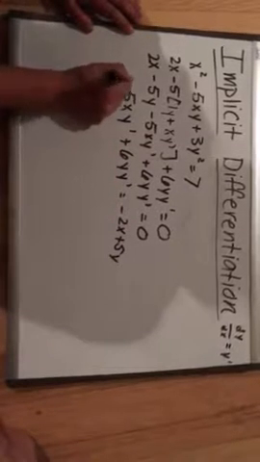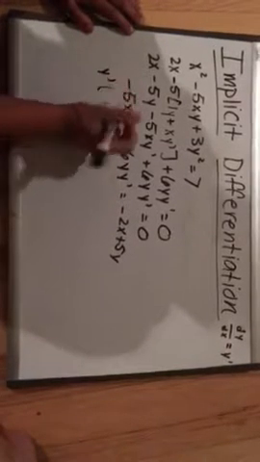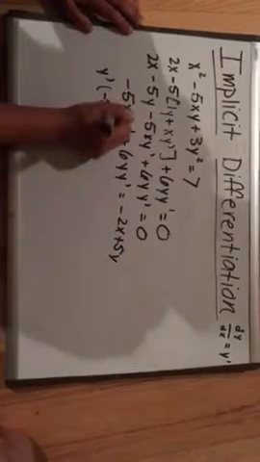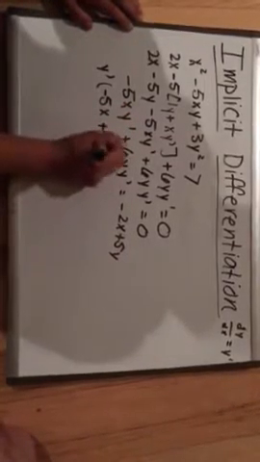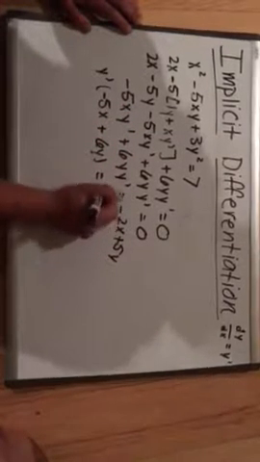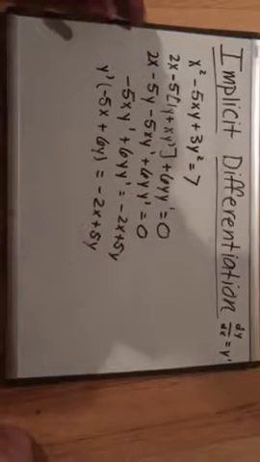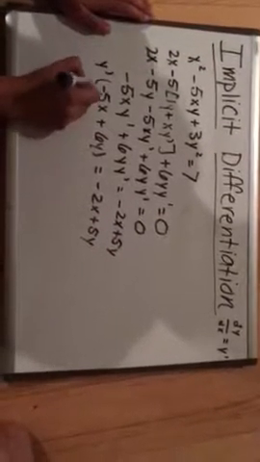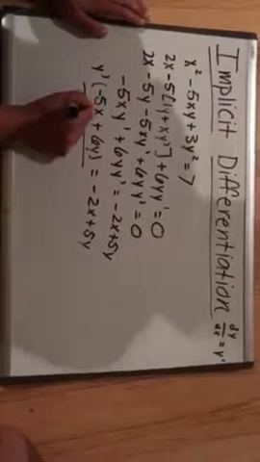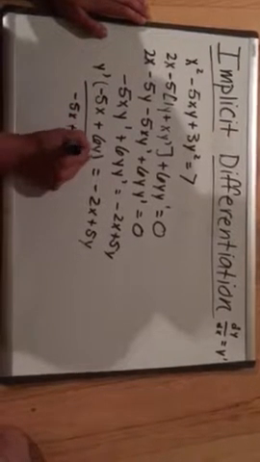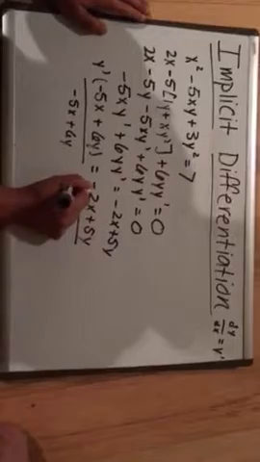Factoring out a y prime from the left, you will have y prime times negative 5x plus 6y equals negative 2x plus 5y. Solving for y prime, you just divide by negative 5x plus 6y on both sides of the equation.